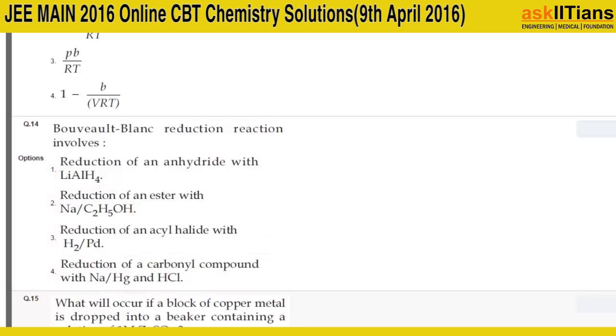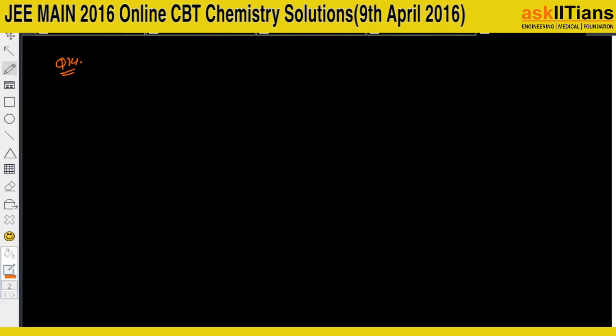Now dear students, this is nothing but a name reaction, and let me tell you that this reduction reaction is nothing but the reduction of an ester to the primary alcohols.